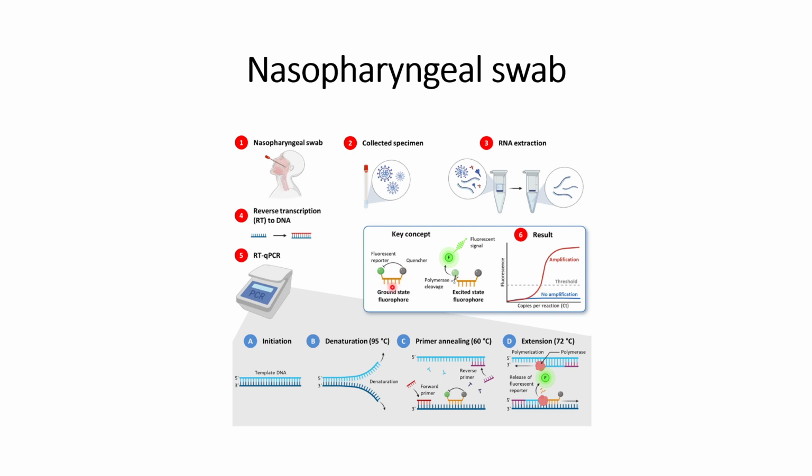In the ground state, the fluorescence is inactive because of the presence of a quencher close to the fluorescence reporter. Fluorescence gets activated when the distance between the reporter and the quencher passes a certain threshold, and that usually happens when the fluorophore is released.